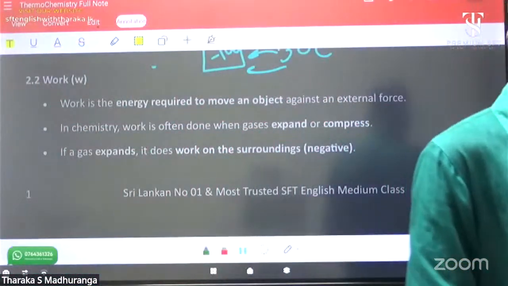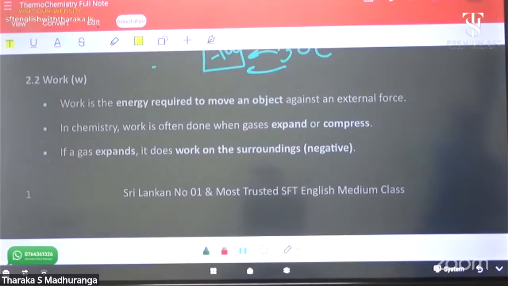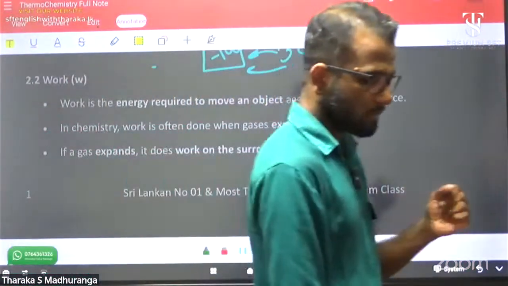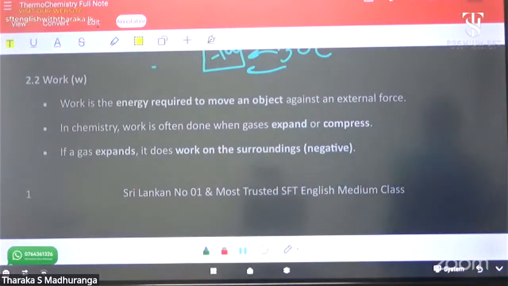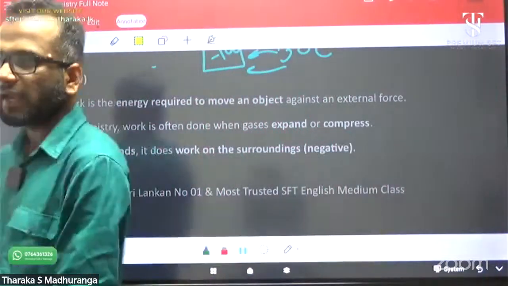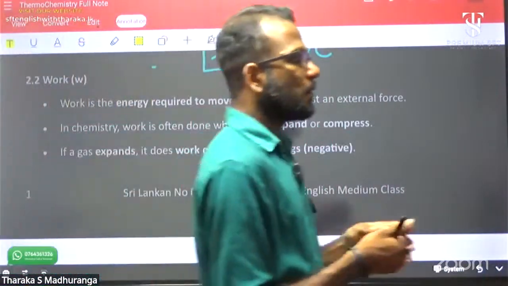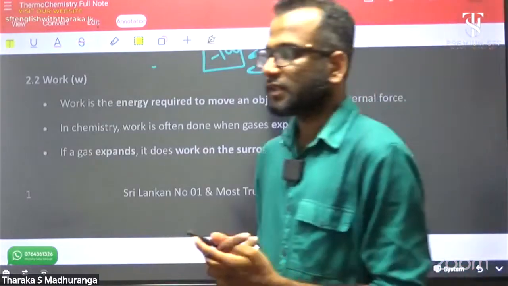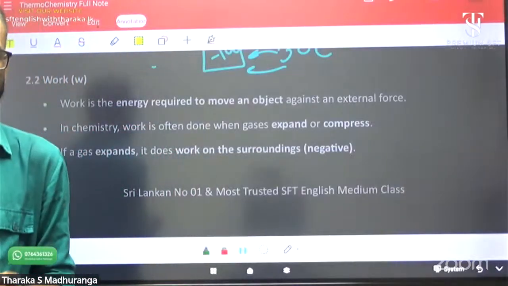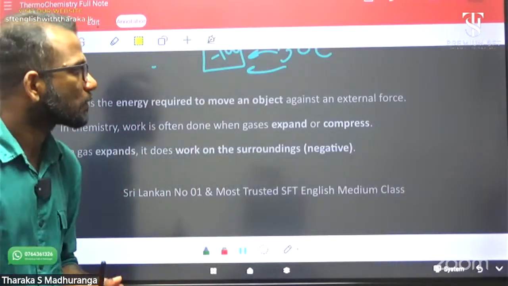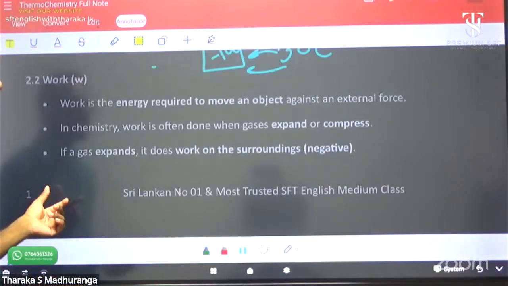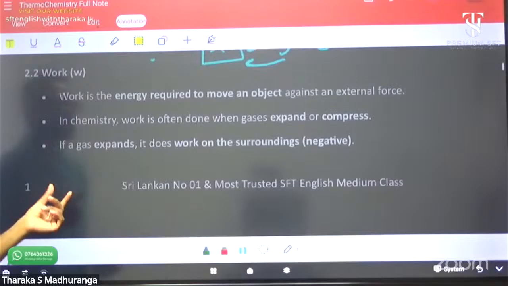A measure of energy transformation to displace an object by an external force is called work.